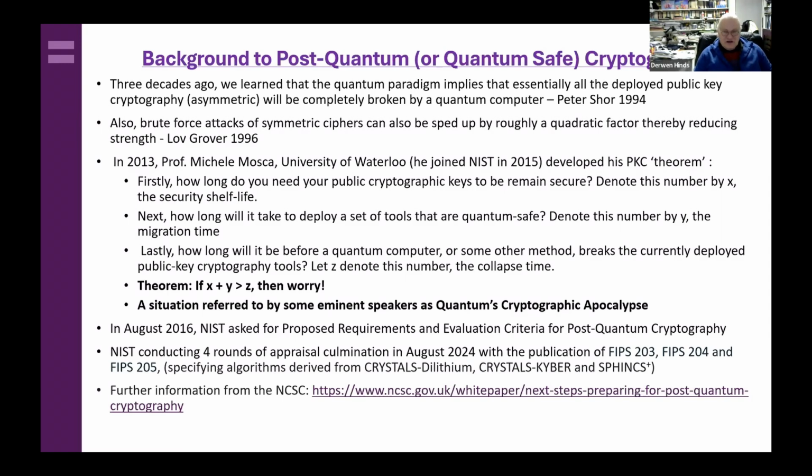And 8 years later, in August last year, they published their 3 post-quantum cryptography standards, which have been seen to be quantum safe or post-quantum cryptographic solutions. However, the real test is when an industrial scale computer comes along to check it out.